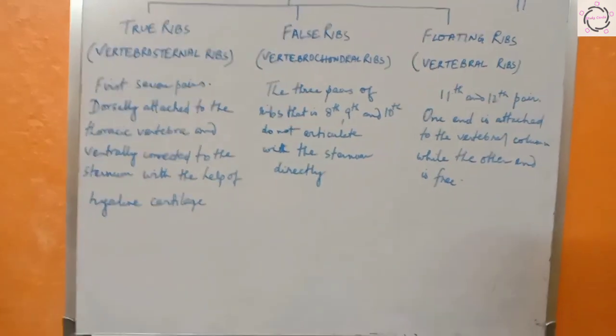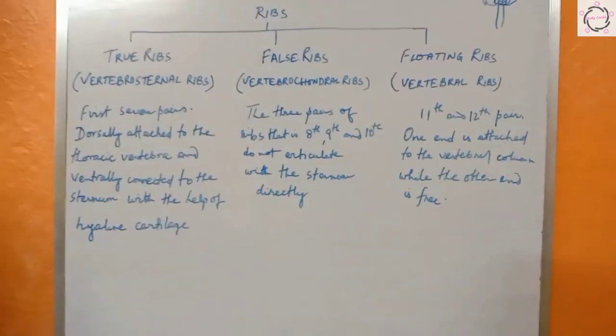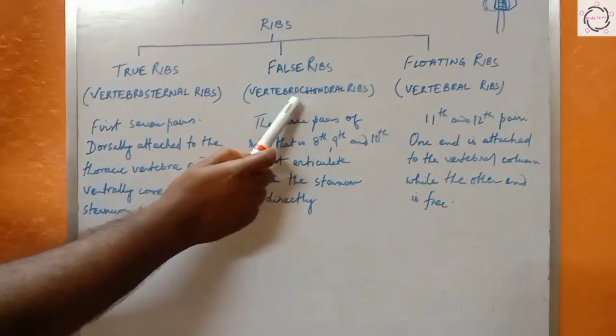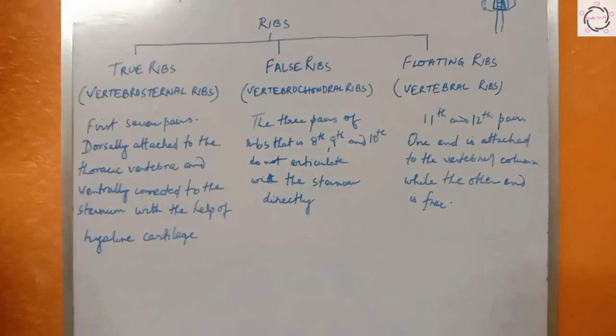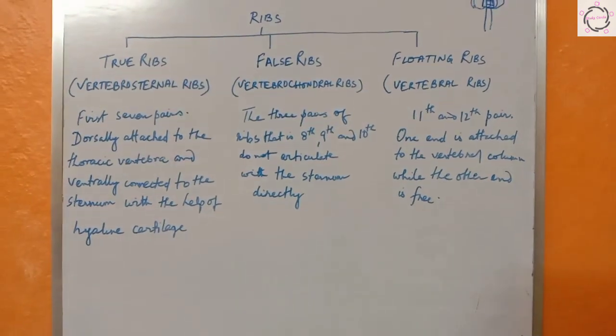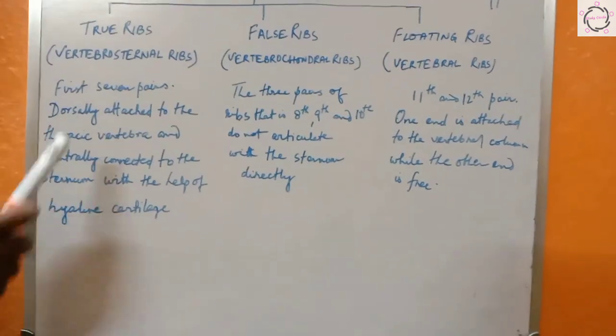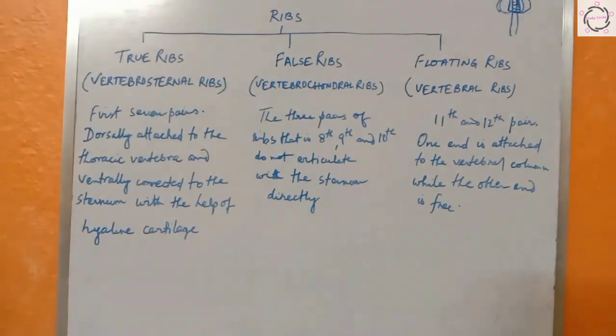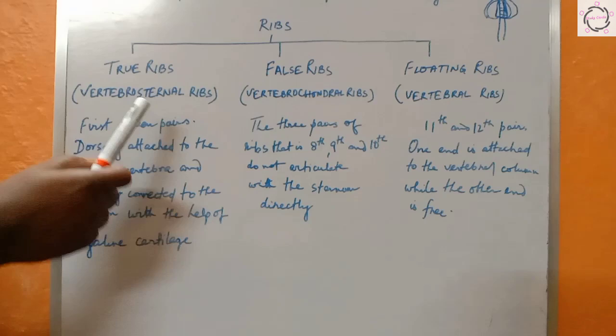The true ribs are also called vertebrosternal ribs, false ribs are called vertebrochondral ribs, and floating ribs are called vertebral ribs.